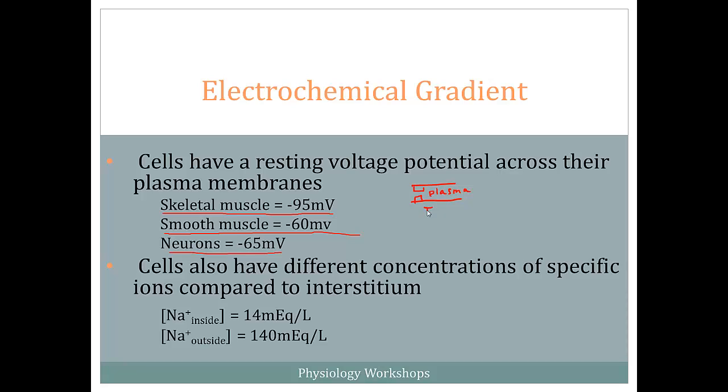Over here, this is the interstitium with our interstitial fluid. And of course, here's our cell. And this is all the extracellular compartment. And this, of course, is our intracellular compartment.